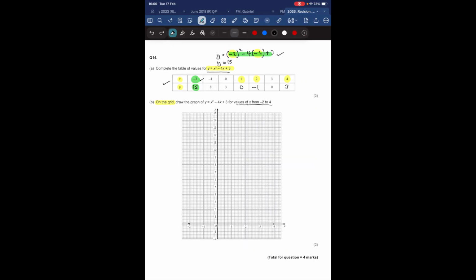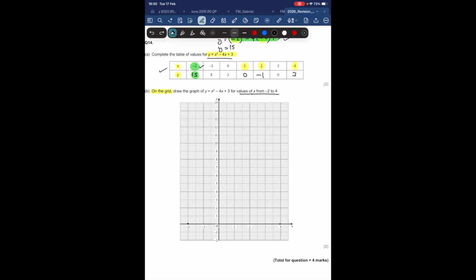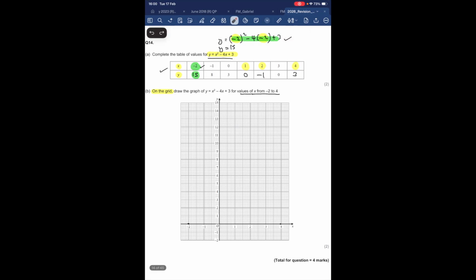Plotting the points on the graph are fairly straightforward. When we plot coordinates, we have the x coordinate followed by the y coordinate. So if I wanted to plot this point minus 2, 15, I go minus 2 across the x-axis, and then I go 15 all the way up. So the first coordinate, minus 2, 15, is going to be up here.